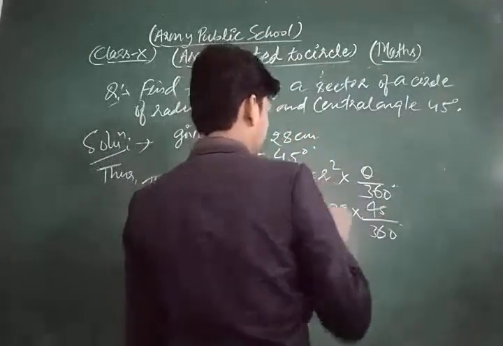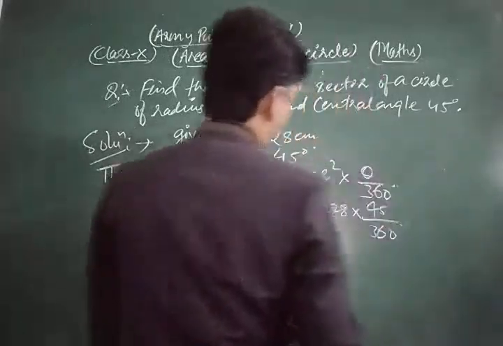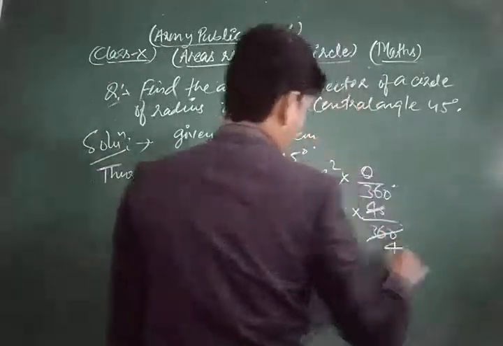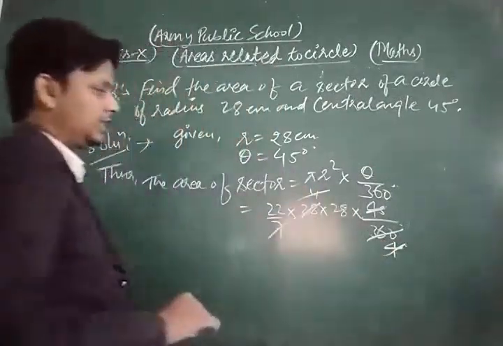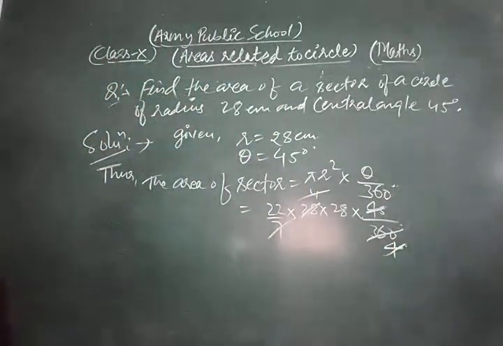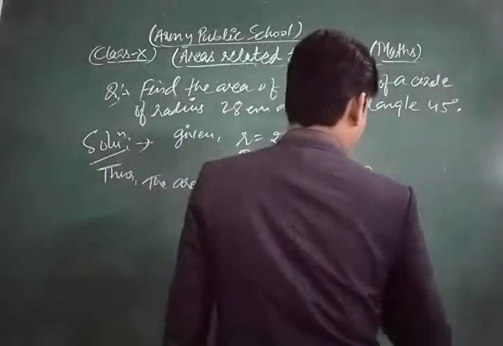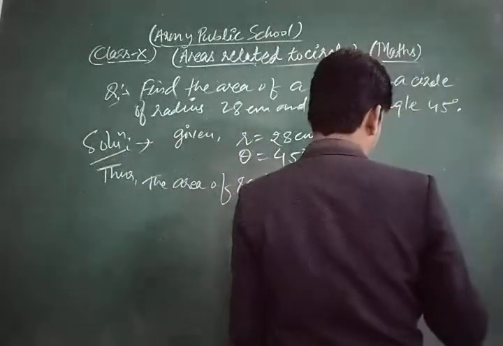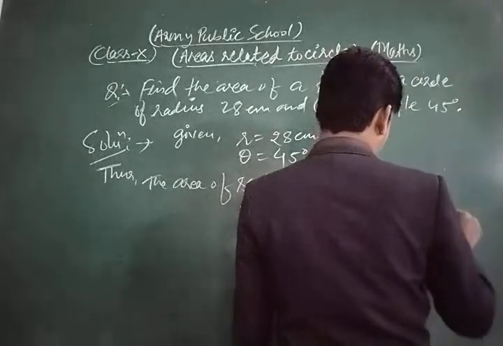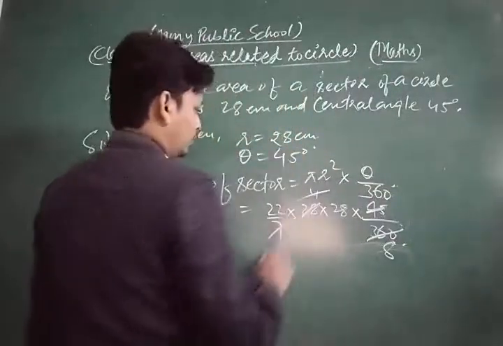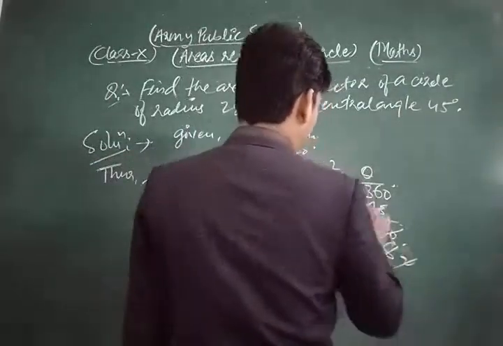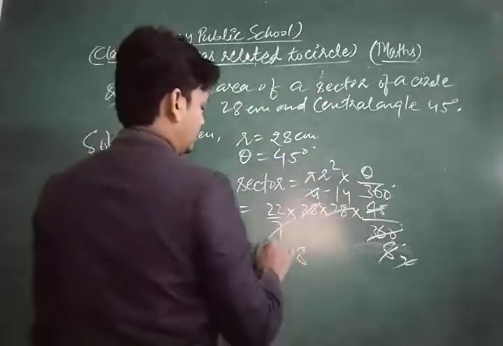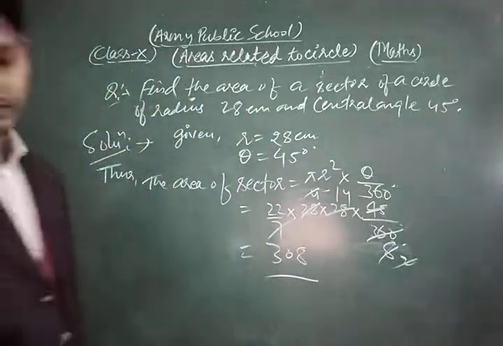So 7 4s are 28, now the 4s cancel each other. 45 is 5 times 9, 360 is 8 times 45, so now this is 4 2s are 8, 22 times 14. This is 308 centimeter square.